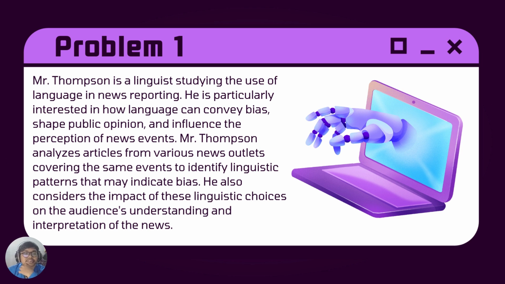He is particularly interested in how language can convey bias, shape public opinion, and influence the perceptions of news events. Mr. Thompson analyzed articles from various news outlets covering the same events to identify linguistic patterns that may indicate bias.